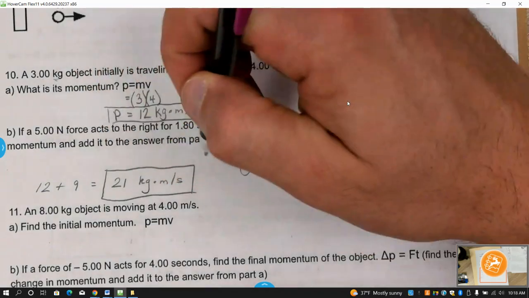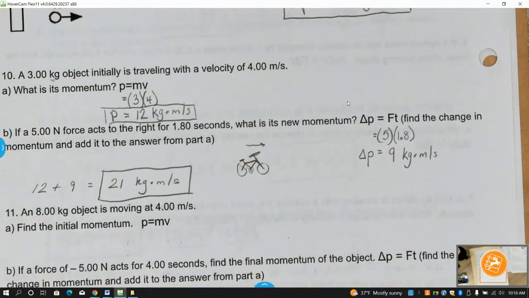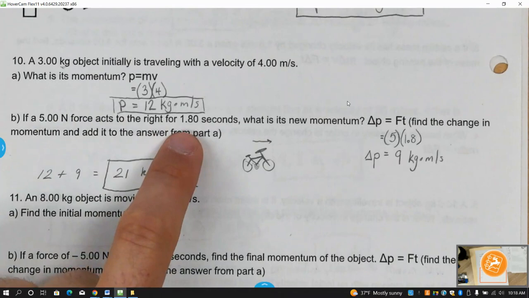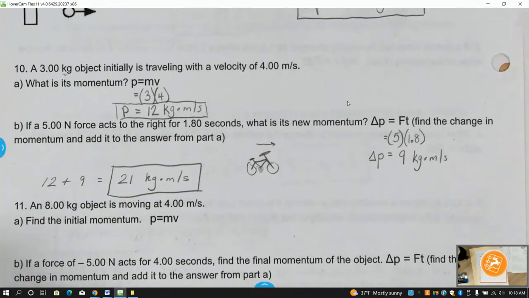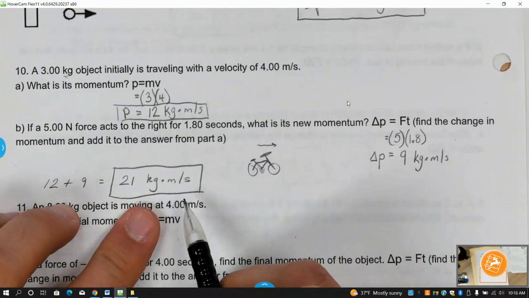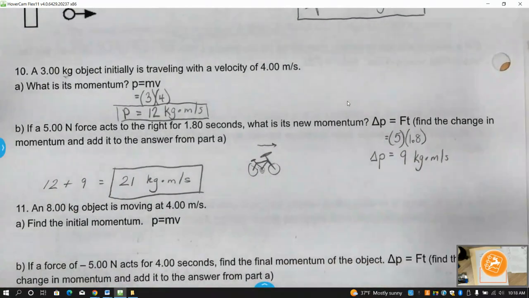If a force comes on, imagine someone running behind you and pushing with 5 newtons of force on you for 1.8 seconds. Do you think your speed's going to increase? Yeah, and since that happened, your momentum increased, assuming there's no loss due to friction.